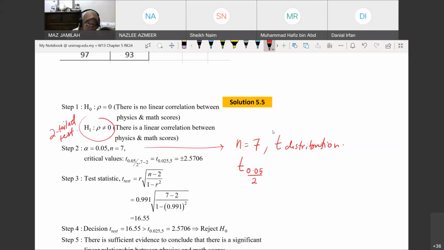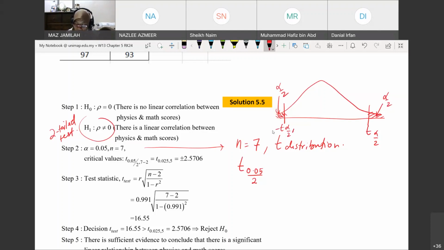When it is a two-tail test, we know that our t-distribution is almost the same as the normal distribution. So you are going to have two rejection regions, where this is your alpha over 2, and this is your alpha over 2. And this is t alpha over 2, and this t alpha over 2.